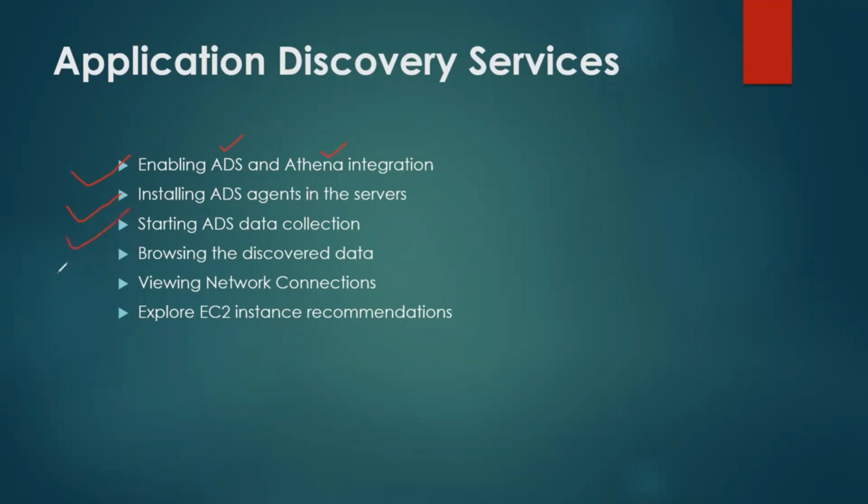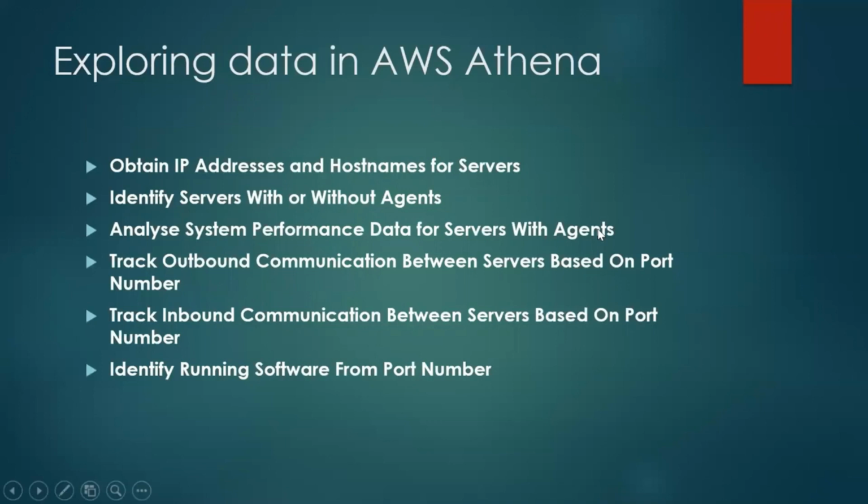Then we will browse the discovered data, the network connections, the dependencies. And we will also see what recommendations there are for servers migrated from on-premises to the AWS cloud. So we will see all these things practically. That's the first part of the practical, and this is the high level of the things I'm discussing.